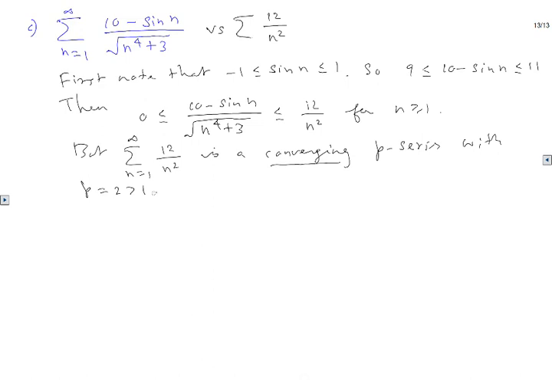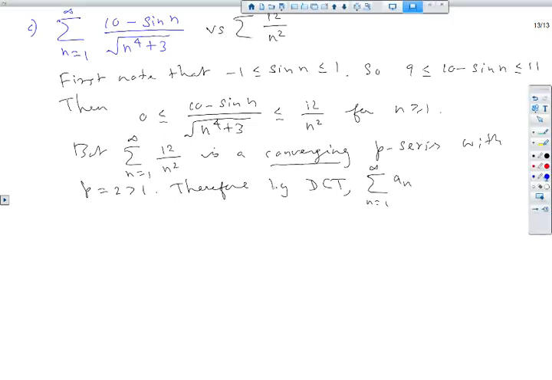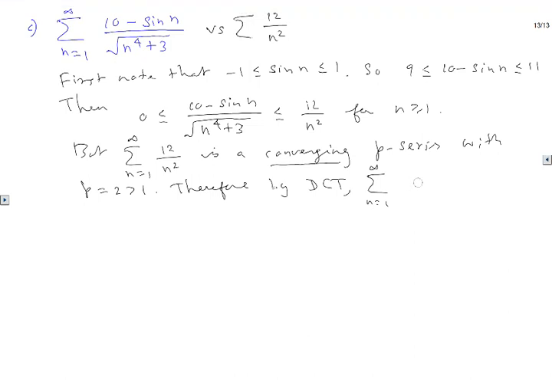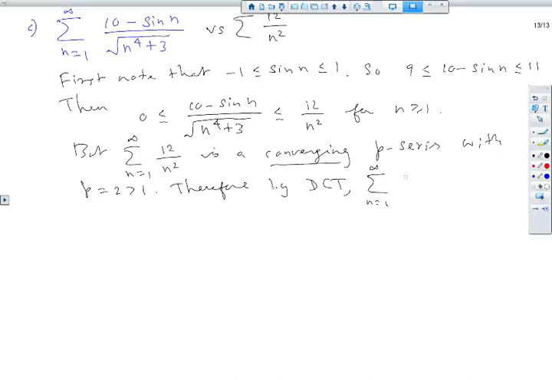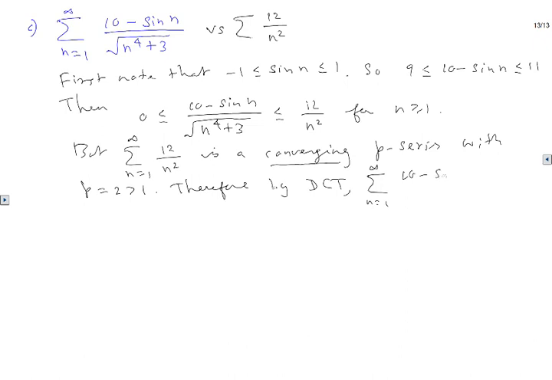So therefore, by the direct comparison test, sigma n going from 1 to infinity of a_n, or if you want to do a good job, you can repeat it here, the series of (10 minus sine n) over the square root of n to the 4th plus 3, converges. Okay, so that's the complete argument.